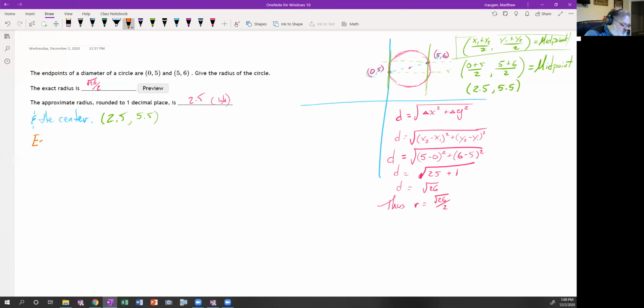Could we write an equation for the circle? And if so, what would that circle look like?